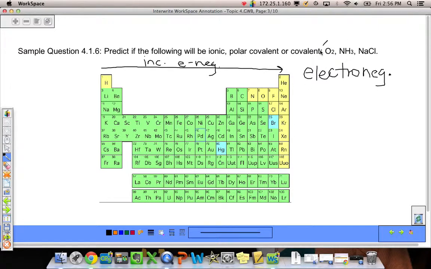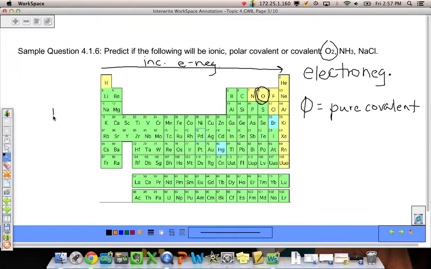So if we look at O2, it's the same element, so if I subtract the same number from itself, it's going to be 0. So if I have 0 electronegativity difference, then I have pure covalent, or just covalent works as well.